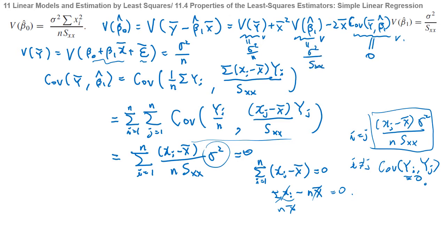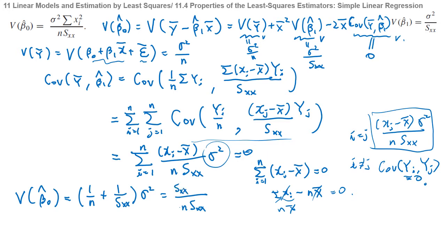As a result, the variance of beta 0 hat becomes (1 over n plus x bar square over Sxx) sigma square.